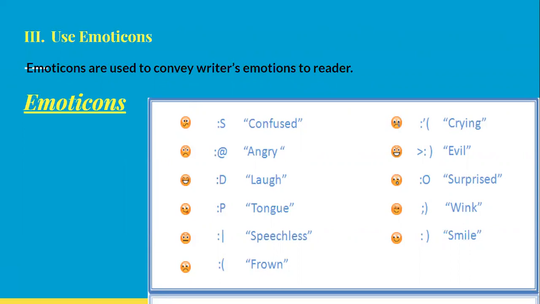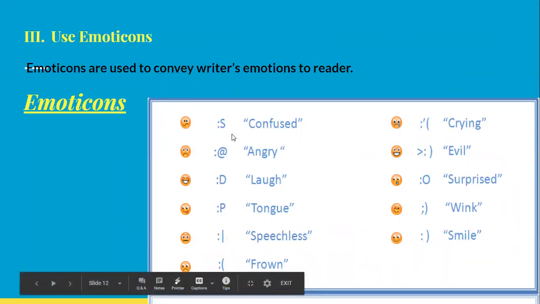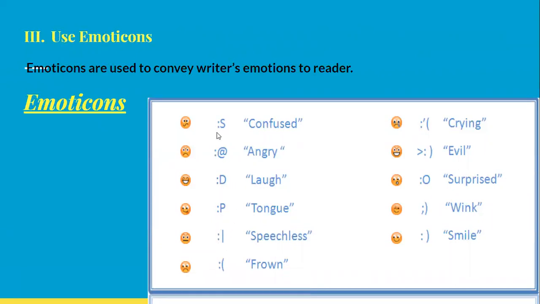We can't understand the emotions of the writer if we don't have a camera or a microphone, so we can use emoticons. I have shown some emoticons, and some are in your book, but I have written many, so you can use them. These are emojis, but these second ones are called emoticons. These emoticons represent these words. The first one represents confused.